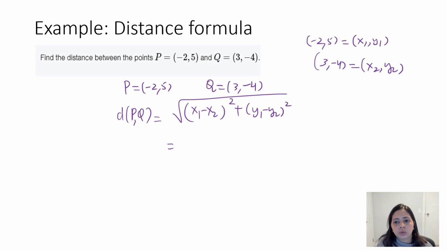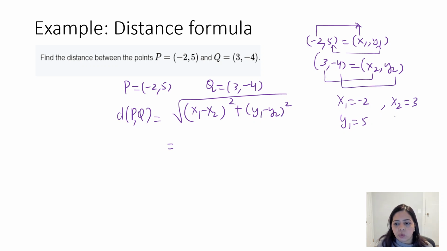So how do you compare now? Compare the first coordinate with the first coordinate, and the second coordinate with the second coordinate. So x1 is negative 2, y1 is 5, x2 is 3, and y2 is negative 4. And once you have that, you just plug everything in, and you'll get the answer.